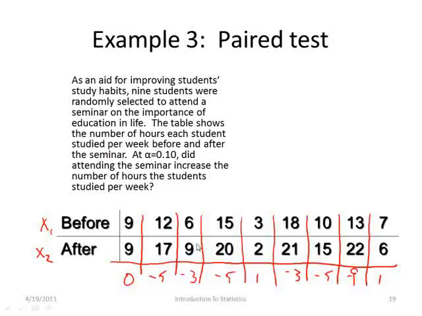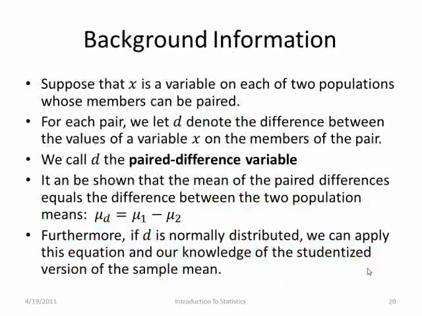If the seminar did work, then I would expect these differences to be negative. Okay? We're going to keep that in mind here as we continue on. We're going to come back to this.